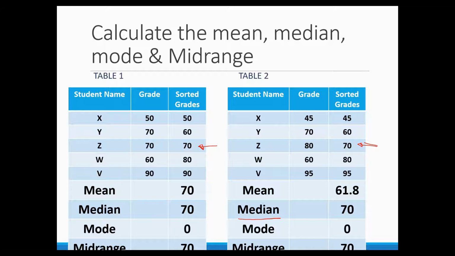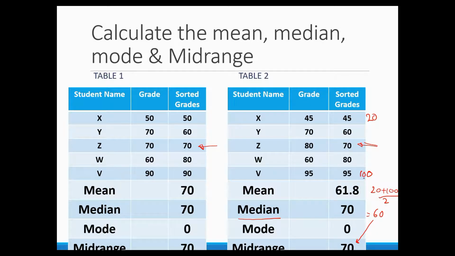For the mid-range, we said its main problem is that it's totally affected by the extreme values. So if we had here 100, for example, and here 20, in this case we'll find the mid-range will be 20 plus 100 divided by 2 equals 60. It's totally different from the 70 we get here.